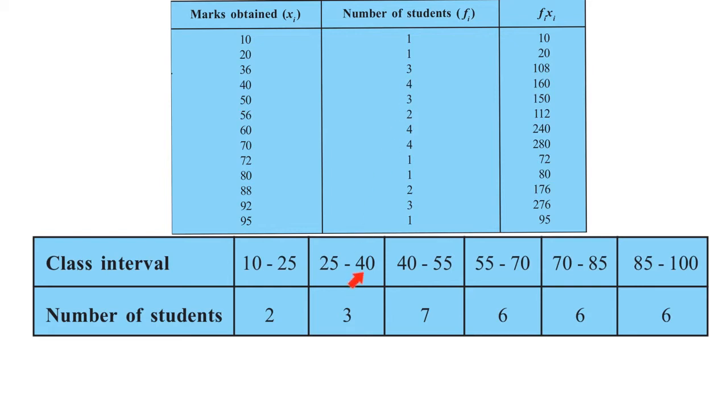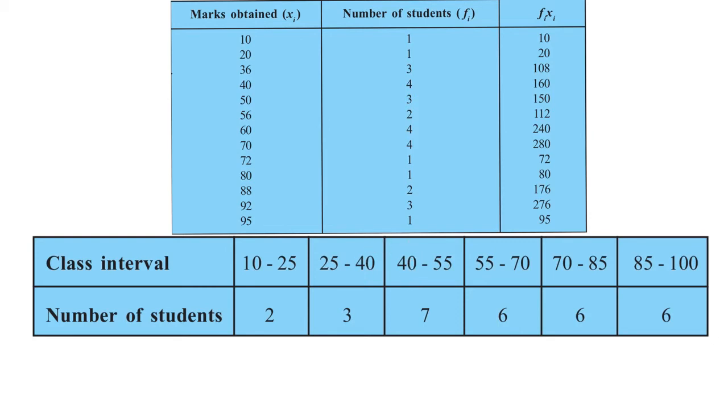Now if you observe the class intervals, there are two groups here, 25 to 40 and 40 to 55. So how many students scored marks 40 and above, between 40 to 55? It is 7 students. We will put them in the upper class, the next class. We will not put the number of students who got 40 marks in this class. We will put them in the next upper class.